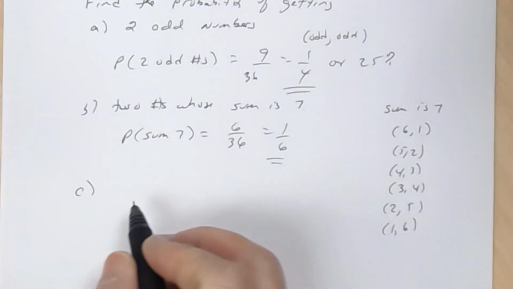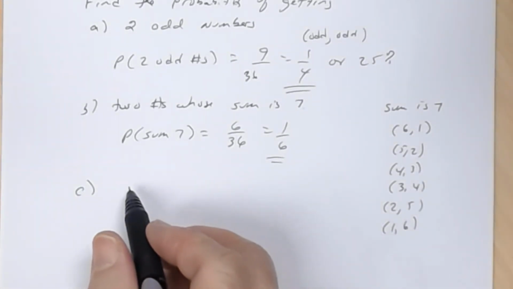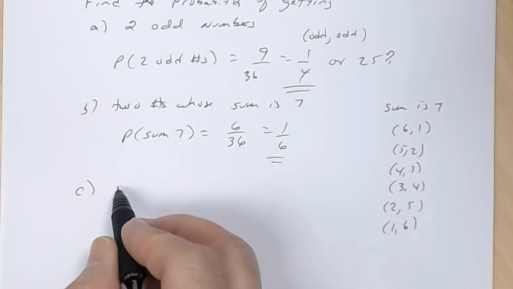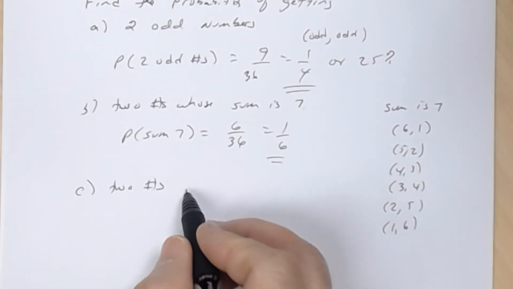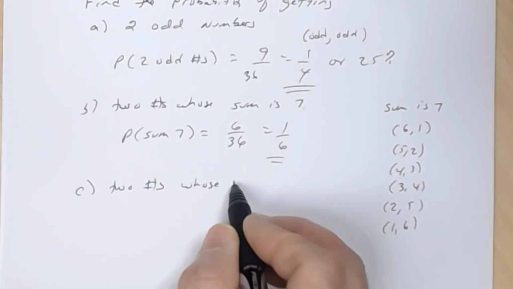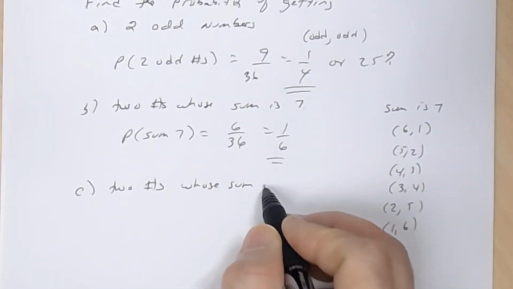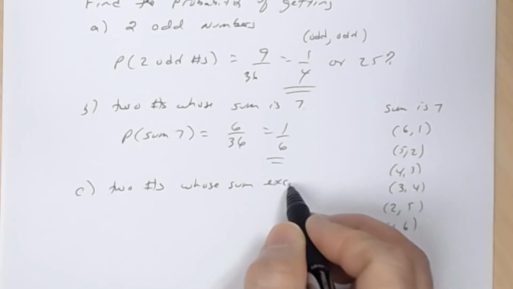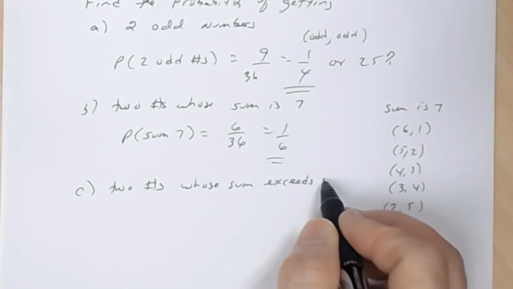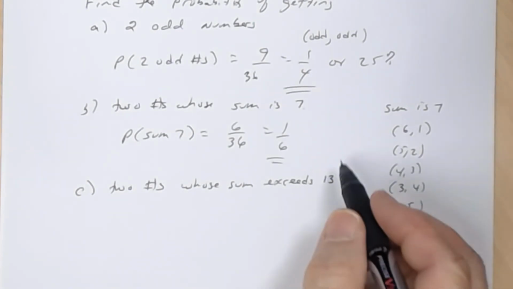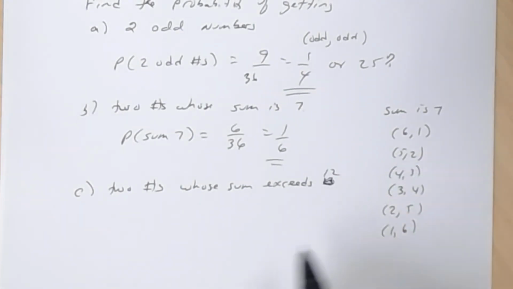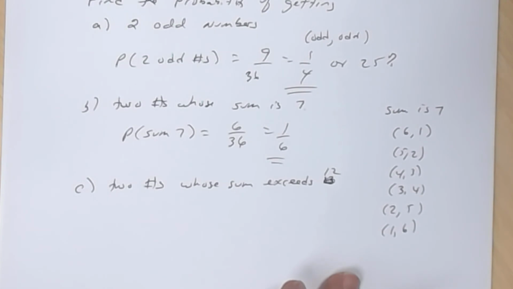C, let's look at the probability of two numbers whose sum exceeds, let's say, 13. Oops. Okay. Let's do 12. Two numbers whose sum exceeds 12.